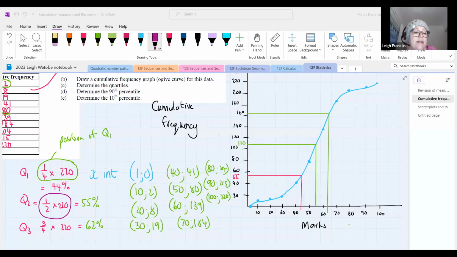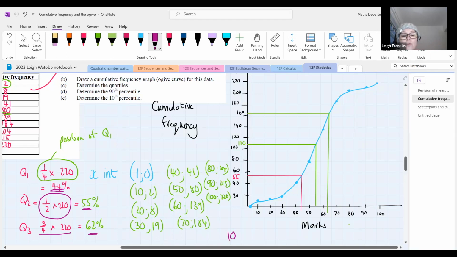Same story over here: this is the position of the upper quartile. So this value here, 44%, is the lower quartile. 55% is the median mark, and the upper quartile is 62%. If they did ask you for the interquartile range, you would take the upper quartile and subtract the lower quartile, for example.